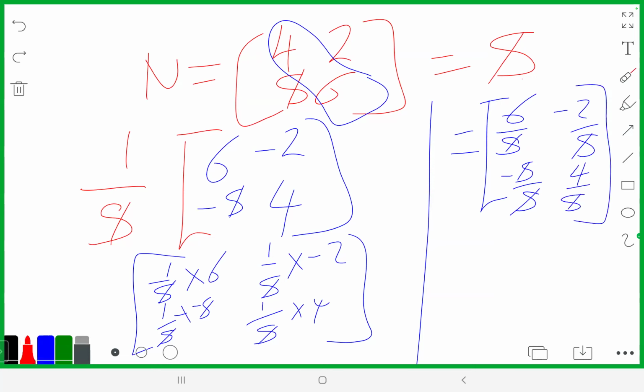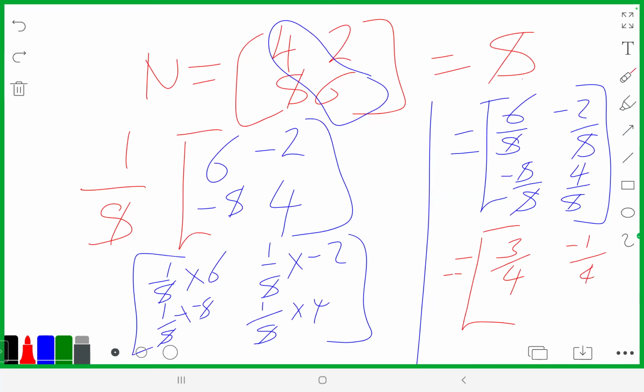So from here, you can easily reduce the fractions of the matrix. Look for the numbers that can divide into 6 and 8 without leaving a remainder. We can use 2. 2 into 6 goes 3 times, over 2 into 8 goes 4 times. 2 into -2 goes -1 times, and 2 into 4 goes 2 times over 2 into 8 goes 4 times.